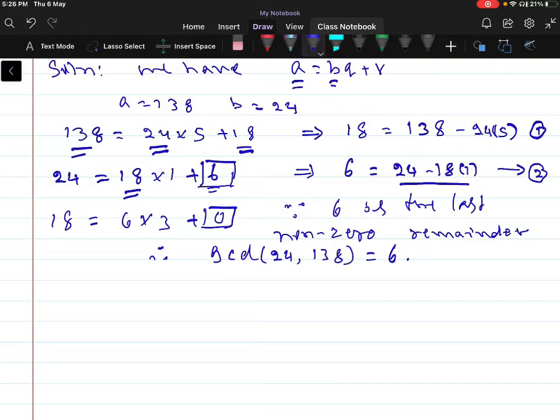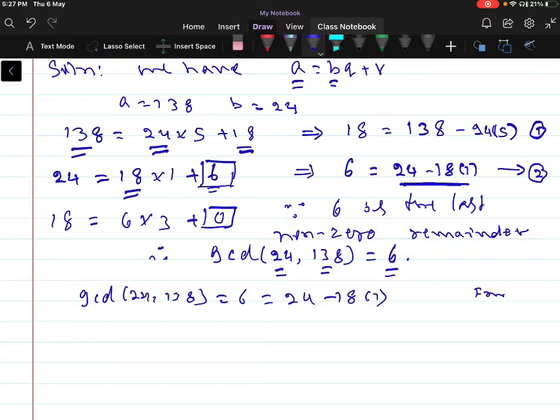Now we can express 6 as a linear combination of the two integers 24 and 138. So GCD of 24, 138 is equal to 6. 6 can be written, by using equation 2, as 24 minus 18 times 1.